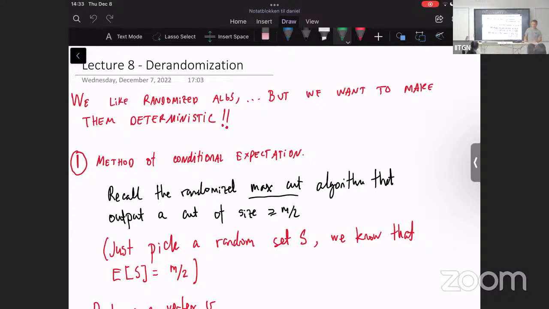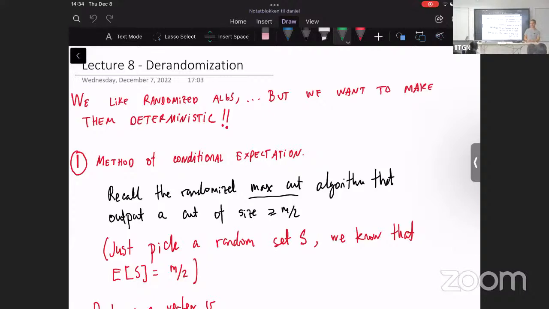Okay. So we've been talking about randomized algorithms so far, and I said on day one that for the purpose of this class, randomized algorithms are algorithms. But what's even better than randomized algorithms is deterministic algorithms.